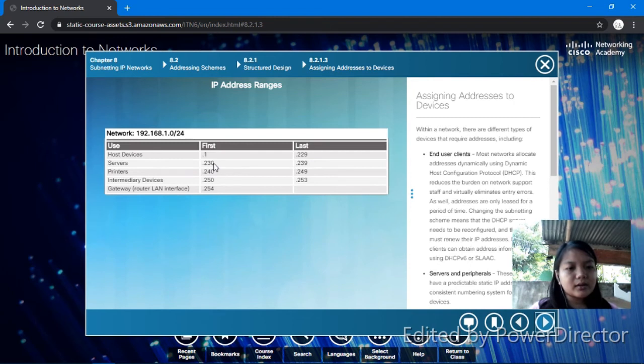The servers: the first is 230, the last is 239. The printers: .240, the last is 249. The intermediate devices: .250 and then the last is .253, and the gateway is the first, .254, and it doesn't have a last here.